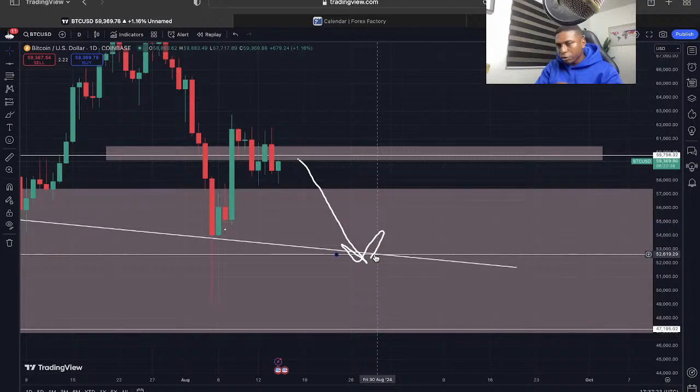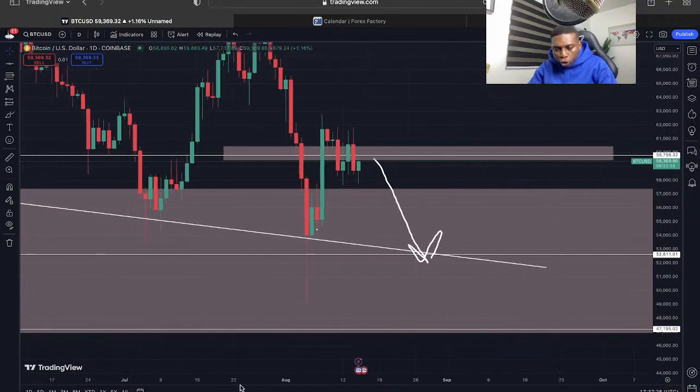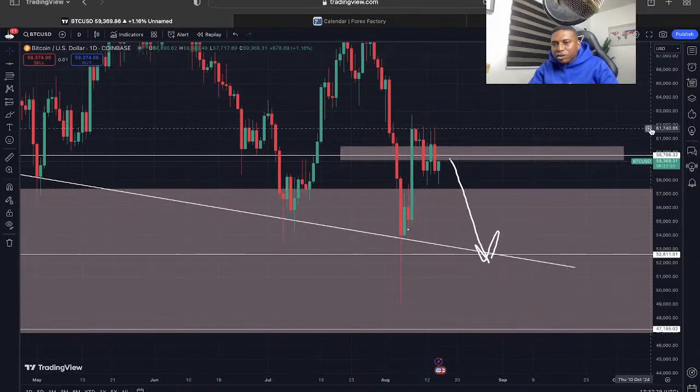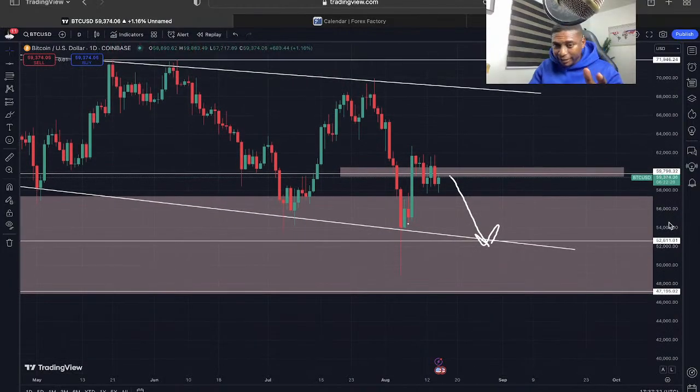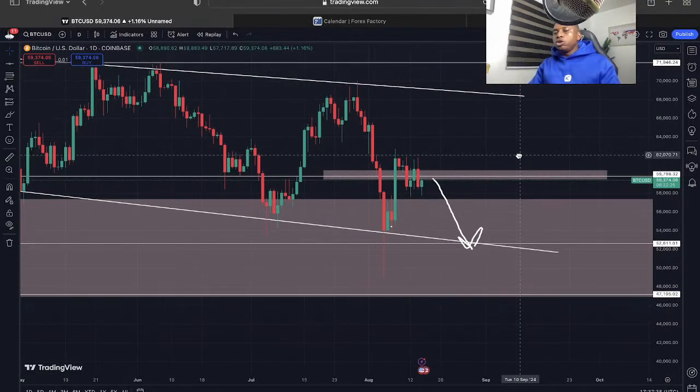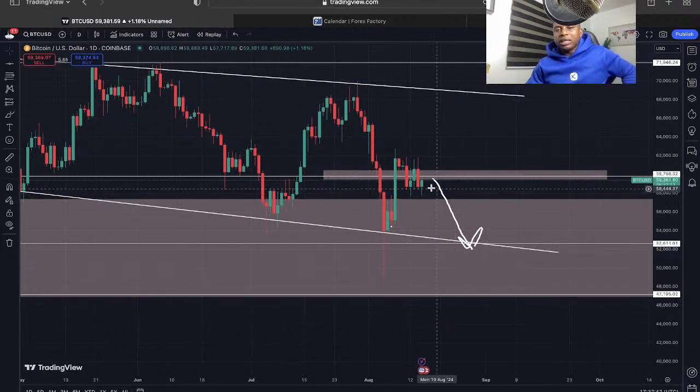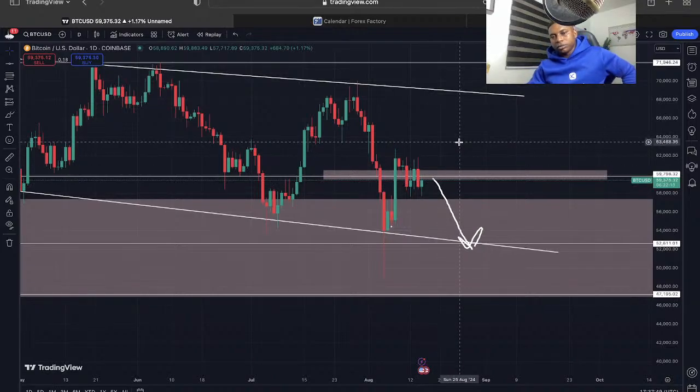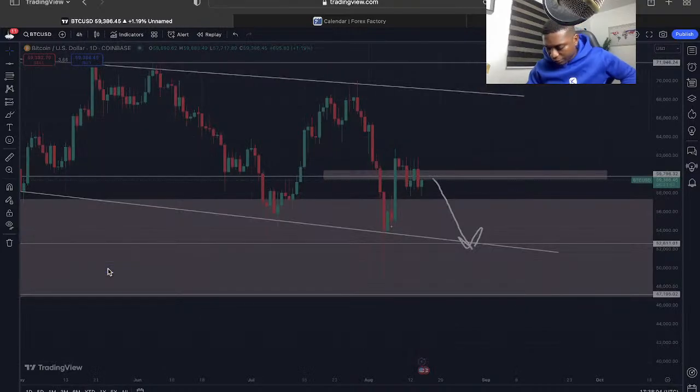From the current market structure that I am seeing, the likelihood of BTC dropping is more than the likelihood of BTC rising. So if you are looking at taking a swing on BTC, you might want to look at shorting BTC. So let's go down to the 4 hours time frame.